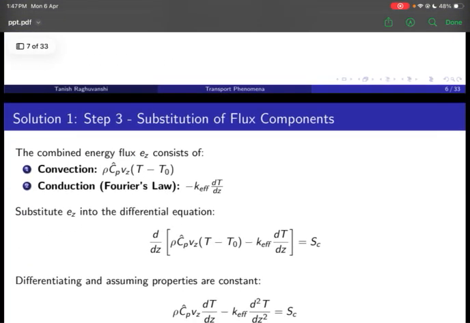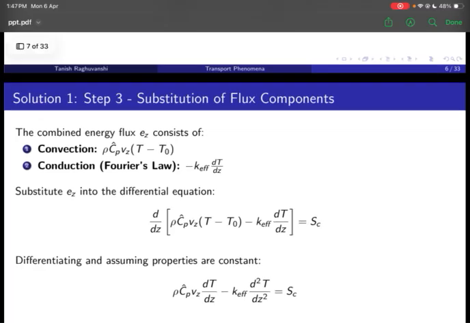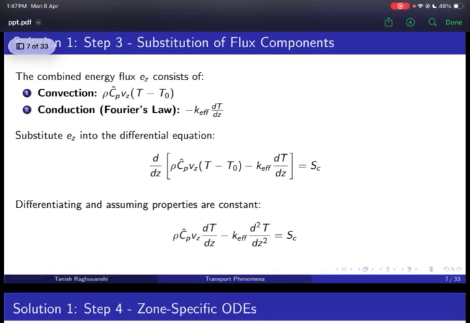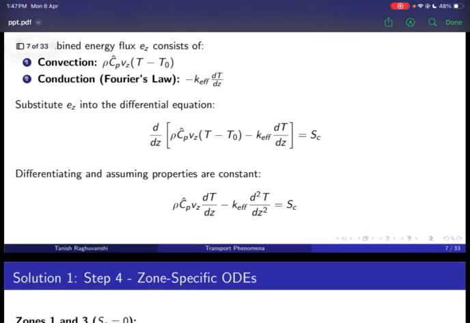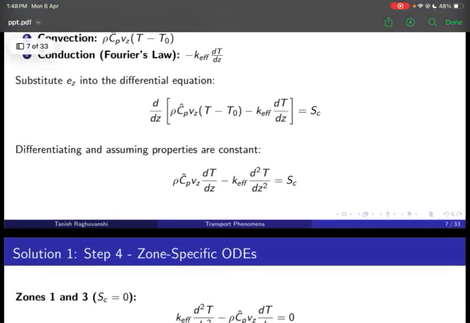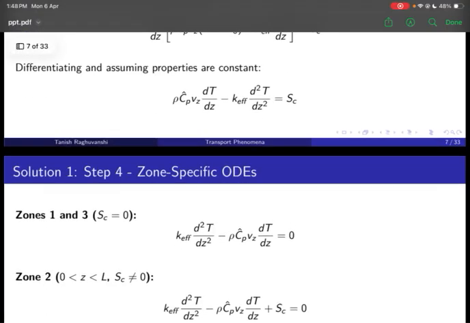SC. Now the combined energy flux can be broken down into two parts: convection as well as conduction. Convection, as mentioned, is rho Cp Vz into del T, and conduction is K effective into del T by del Z. This can be substituted into the equation, and we can differentiate accordingly, and we get a second order differential equation.